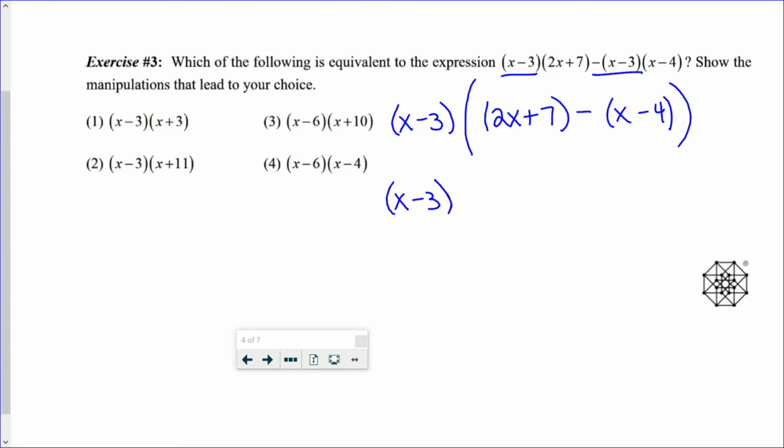The difference now is that because we have subtraction instead of addition, I can remove the parentheses around this one, but when I distribute that subtraction, remember when we subtract, we can really add the opposite of what we have. So we've got a positive x. When I subtract it, I'm adding a negative x. We have a negative 4, and when I subtract it, I have a positive 4.